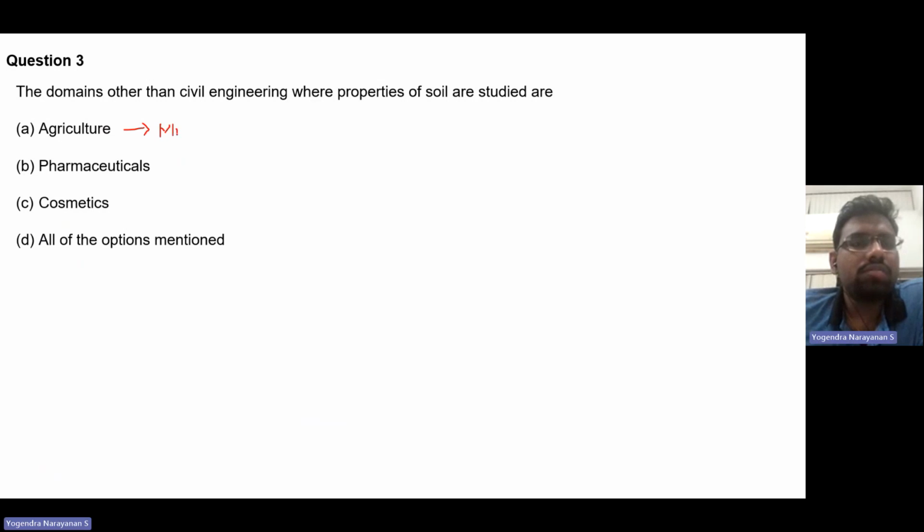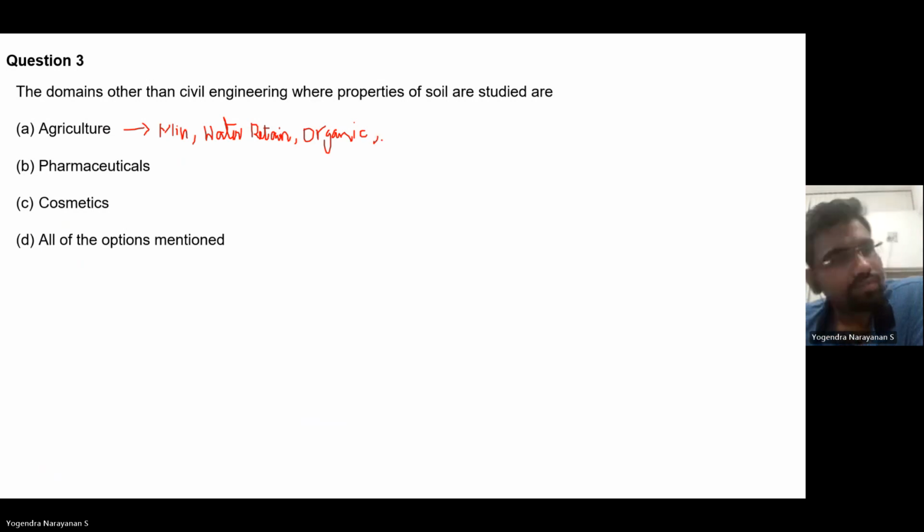It is essential to understand the mineralogy, water retaining capacity, organic matter, that is essentially indirectly nutrition.